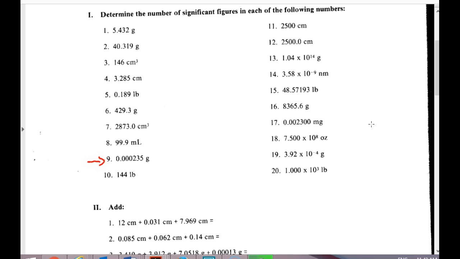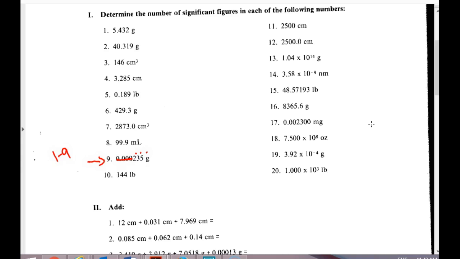The zeros have to come after a digit between 1 to 9. All of these zeros that are appearing beforehand here, they're not going to count because there is no number between 1 and 9 before them. We're not going to start counting sig figs until the number 2. So this has 1, 2, 3 sig figs.